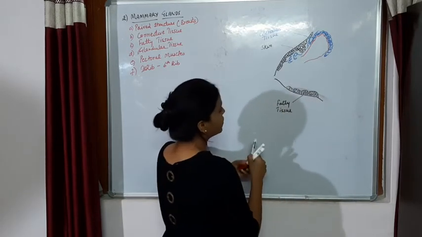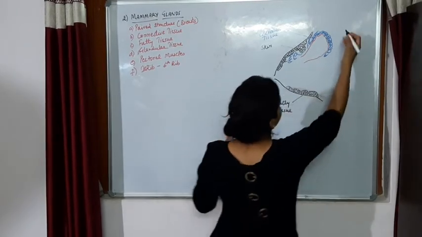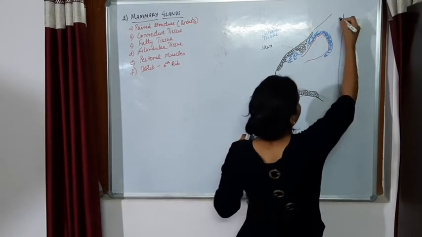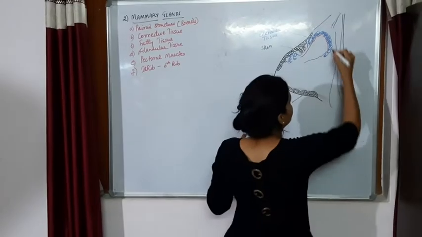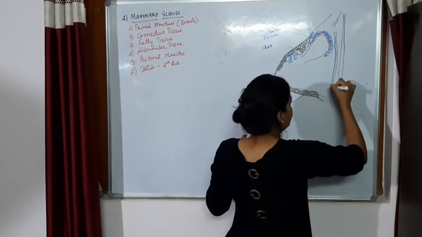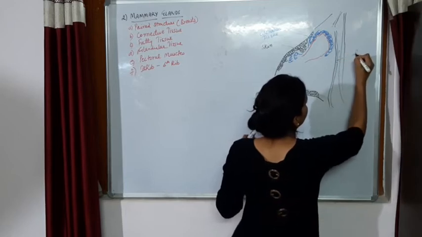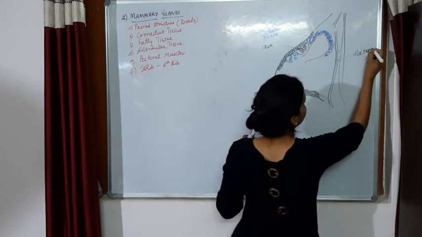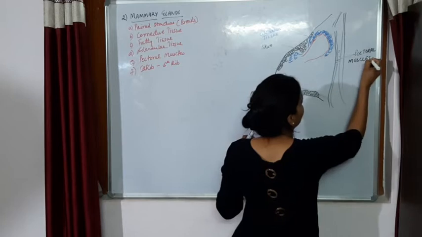Where it is located, we have just discussed, between the first and the sixth rib. So if I'm taking the muscular structure, the pectoral muscles are present here. So these are the pectoral muscles, right?